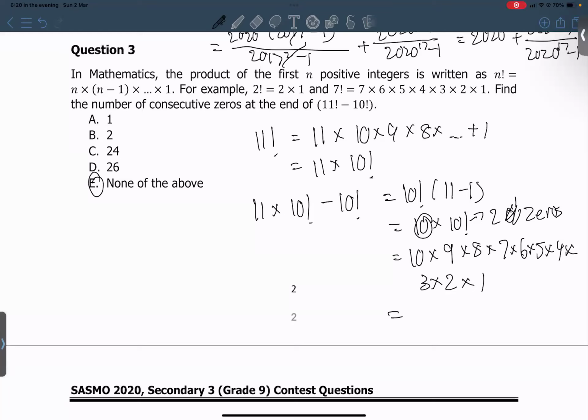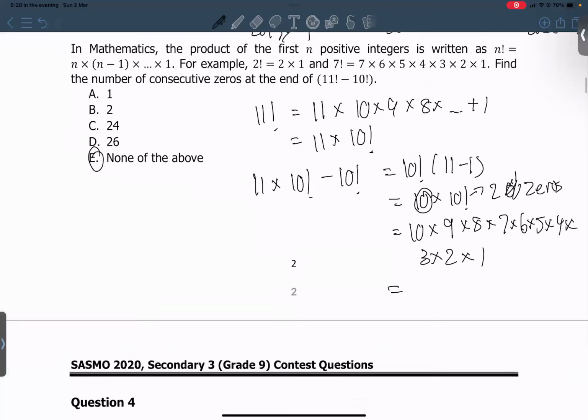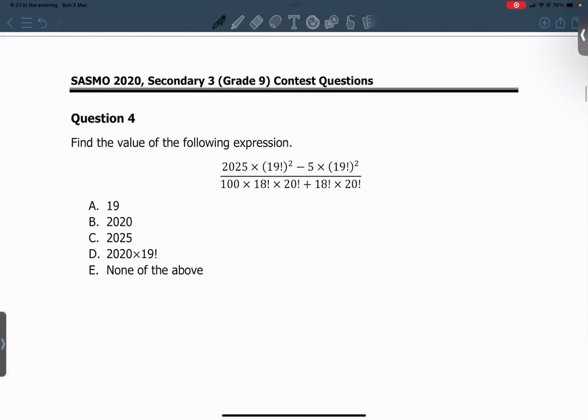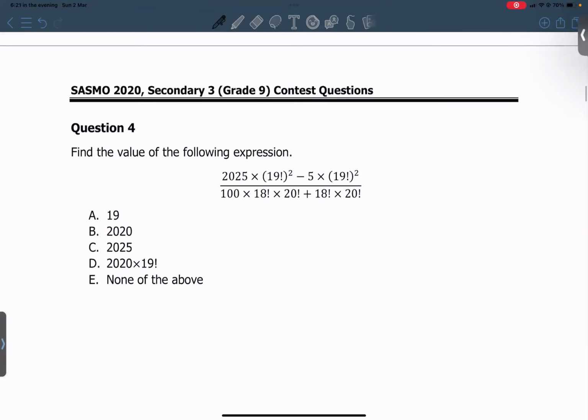Sorry, is there anything or no? If not, we can move on. Okay, so I suppose there's nothing, so we will move on to the 4th question. I will give everyone a few minutes to solve this, and we will solve it together very soon. Thank you.